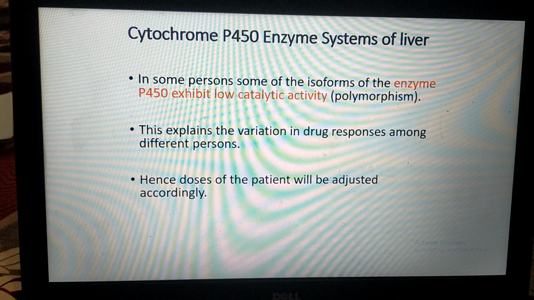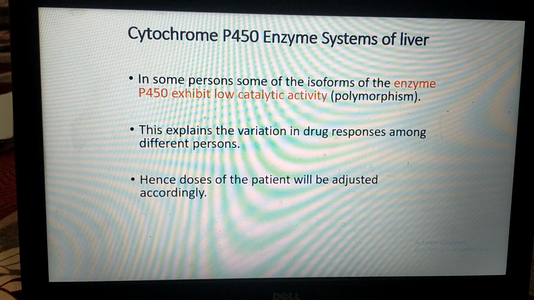That means for this person the normal doses are also too high, because the drug remains in the blood for a long period of time, as it is metabolized at a slower rate due to decreased activity of some of the cytochrome P450 enzymes, and hence you have to adjust the doses according to the person.